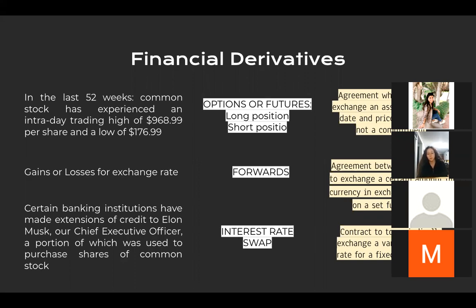And then we read that Elon Musk has loans, and with these loans, he bought shares of Tesla. So maybe if it is a high interest rate to pay, he could swap it for a variable or fixed rate.